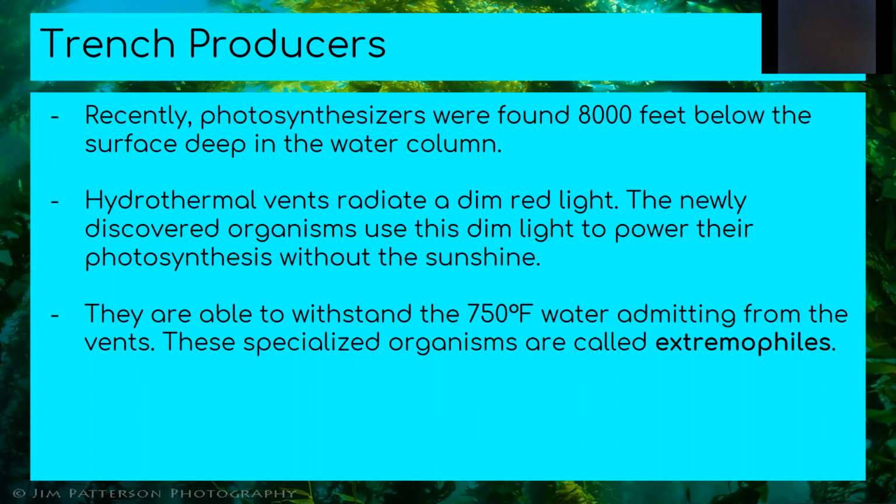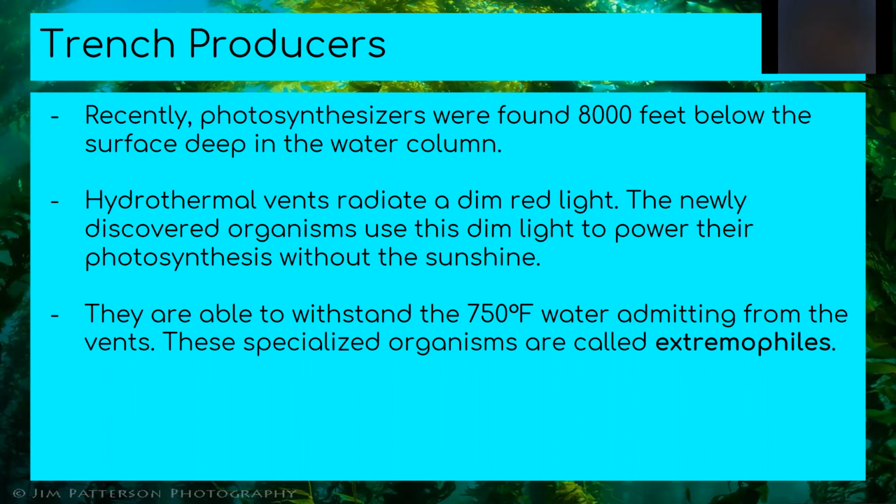And by doing so, they have actually become some of the most potent primary producers at the bottom of the ocean because they are dealing with relatively little competition. So what they do is they plant themselves around what's called a hydrothermal vent. These vents are going to be releasing very hot, very chemically heavy water that is coming straight from the center of the earth with everything else that is pouring out.